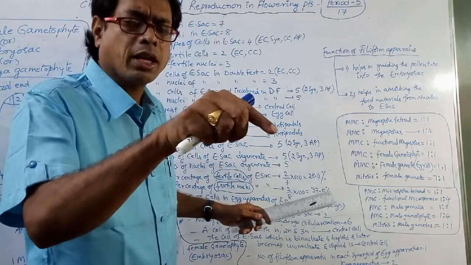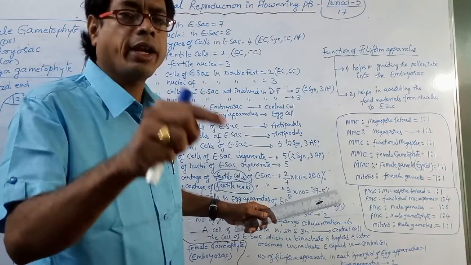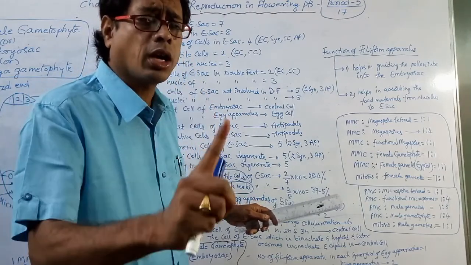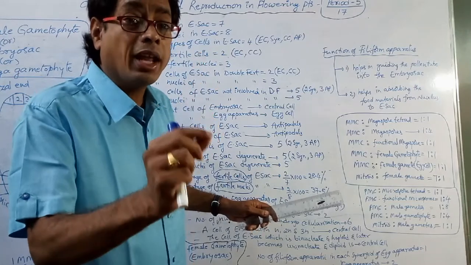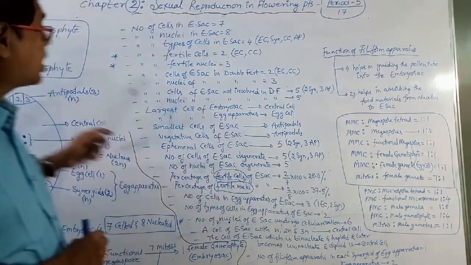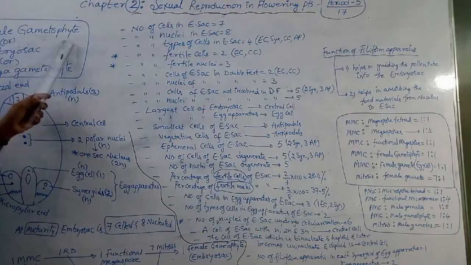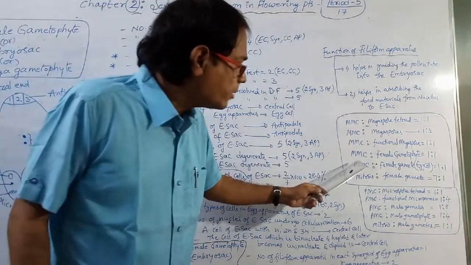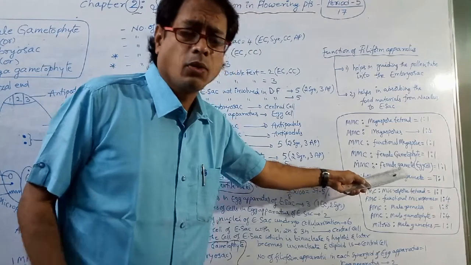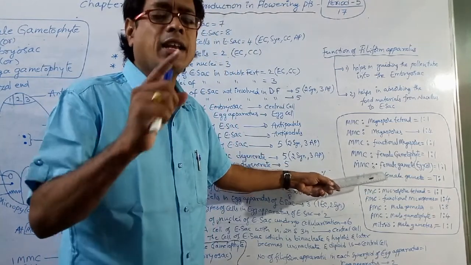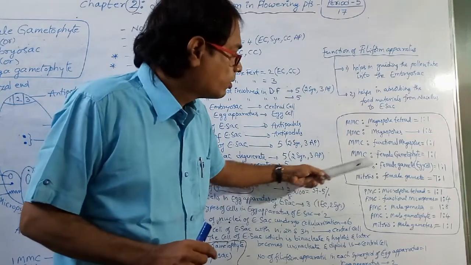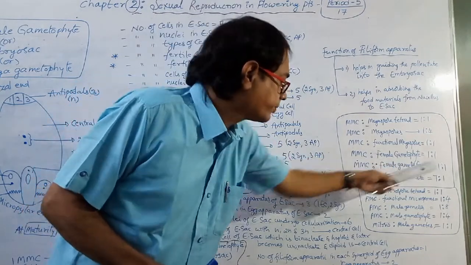That 1 functional megaspore undergoes 7 mitotic divisions and forms only 1 female gametophyte, also called embryo sac. The female gametophyte in angiosperms is also called embryo sac. MMC to female gamete: what is the female gamete here? Egg cell is considered the female gamete. So that is 1:1.